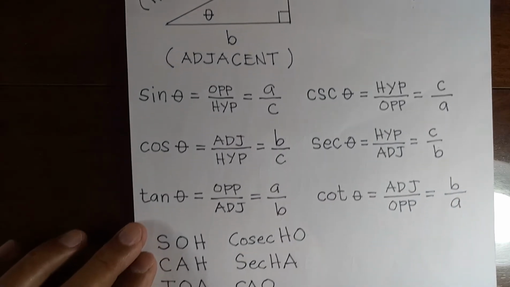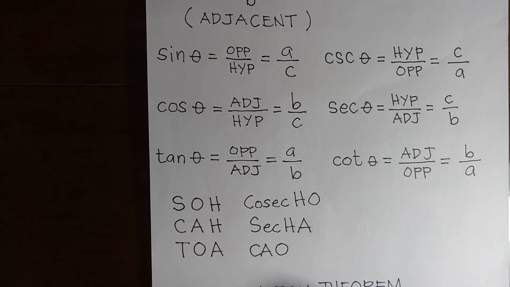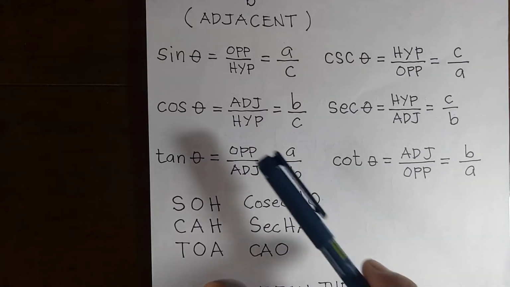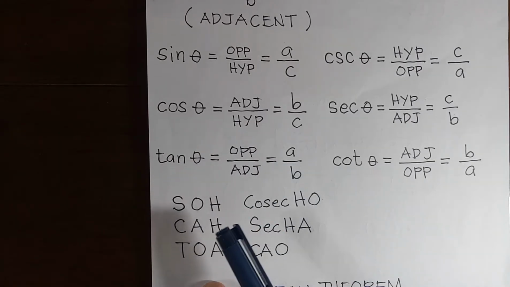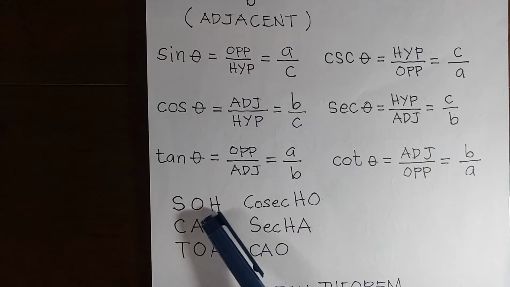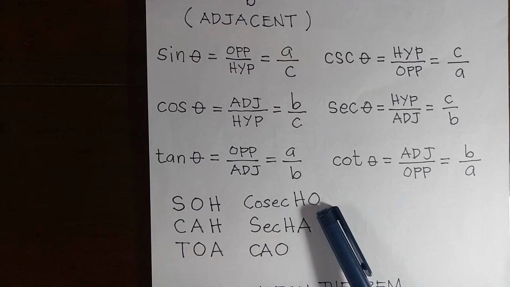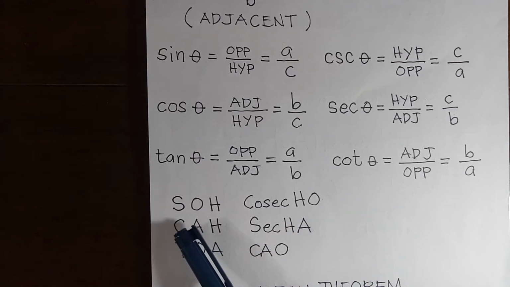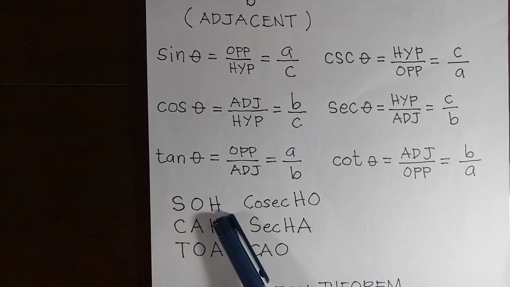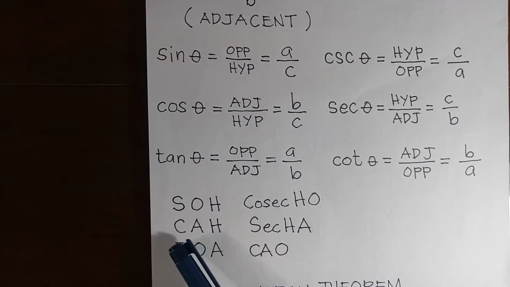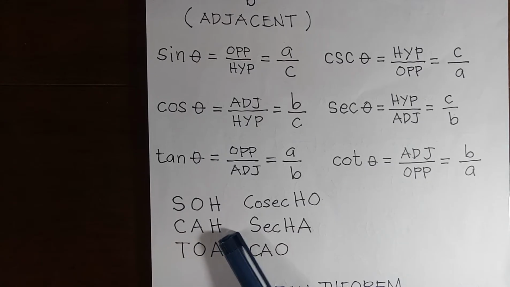Okay. So, para madali nating matandaan yung definitions ng 6 trigonometric functions, no? So, gamitin natin itong 6 na words na ito. So, pa, towa, pau, seka, poseko. Ano ibig sabihin ito? So means sine is opposite divided by the hypotenuse. Cosine, ka means cosine is adjacent side divided by the hypotenuse.